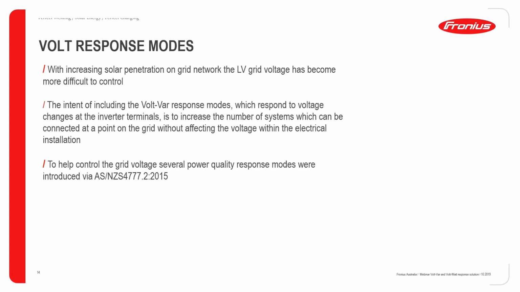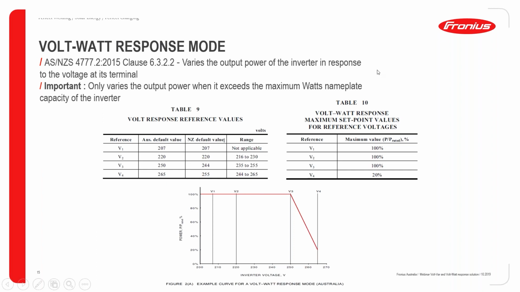To help control the grid voltage, several power quality response modes were introduced in AS 4777 2015. That is how they've been stipulated in the standard.